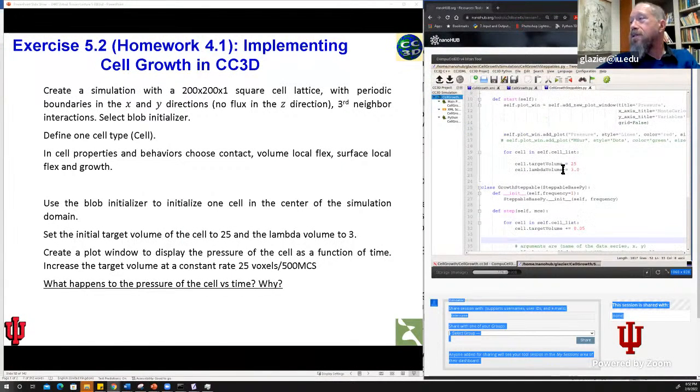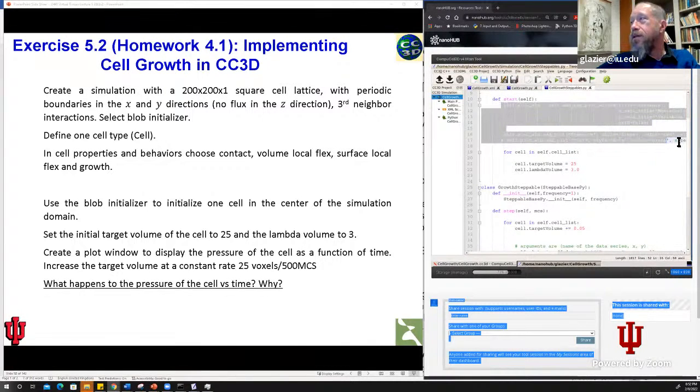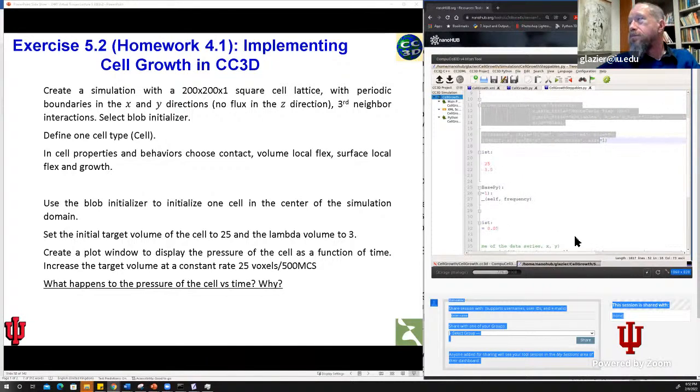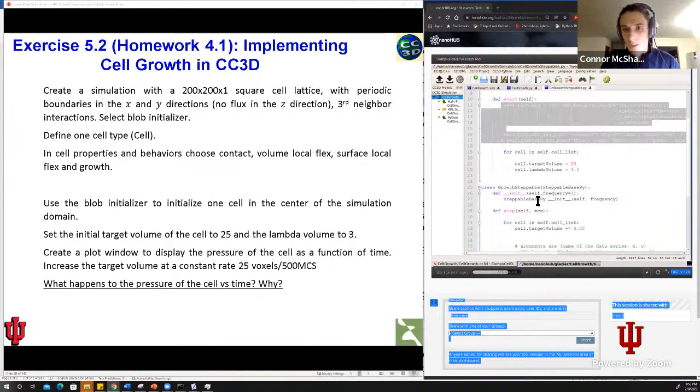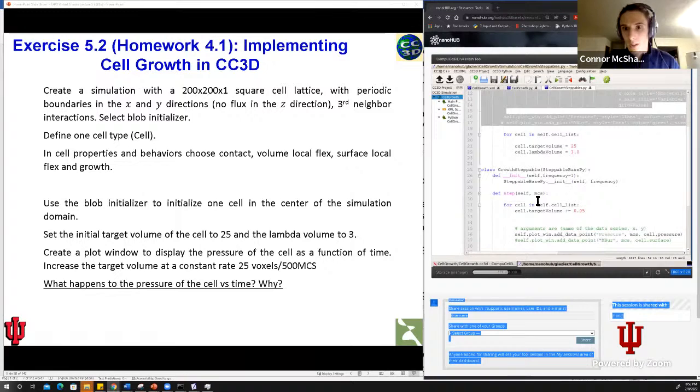Well, I just did exactly that. So the plot window has to be created in the place you're going to use it. So let me move it. And that actually threw me off a little bit in the documentation, just because it says to make sure you put that initialization in the start section.